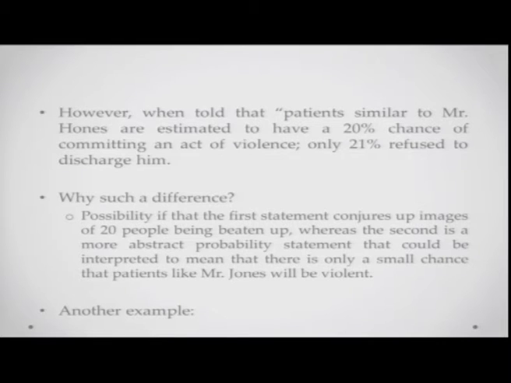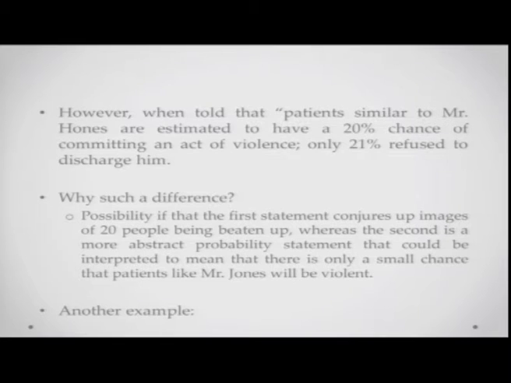So, because you are framing it differently, if you present the larger likelihood that this person will commit an act of violence, then people are not willing to discharge. If you present it in such a way that there is less likelihood, then more people are willing to discharge.